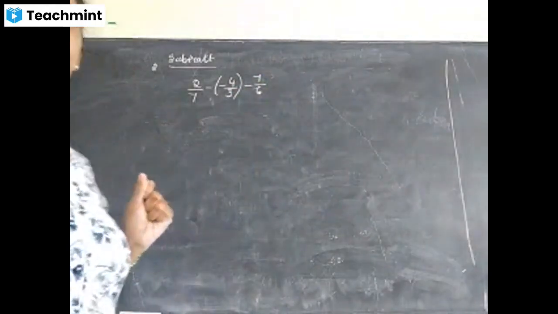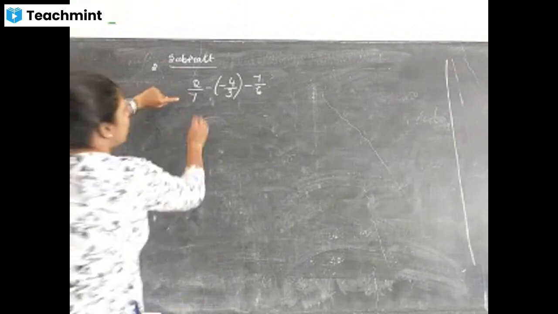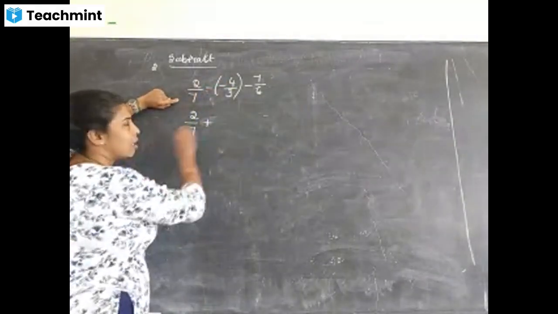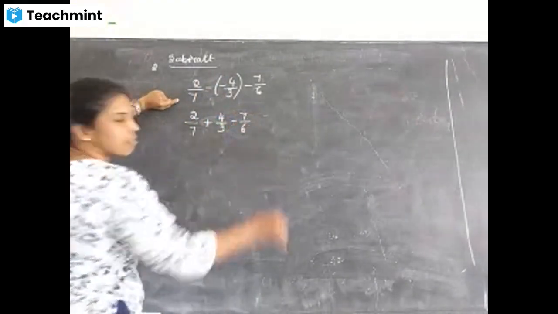This problem I'll take. Even here, first open the bracket: 2 by 7, minus of minus is plus, 4 by 3 minus 7 by 6.